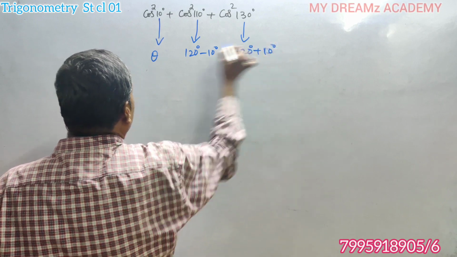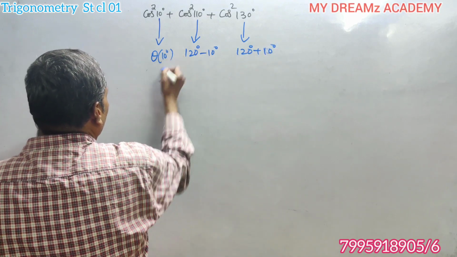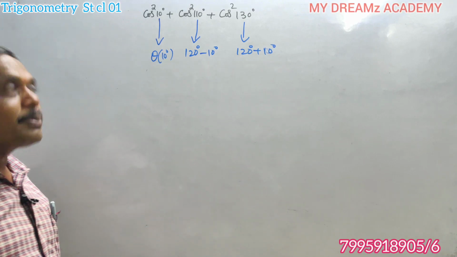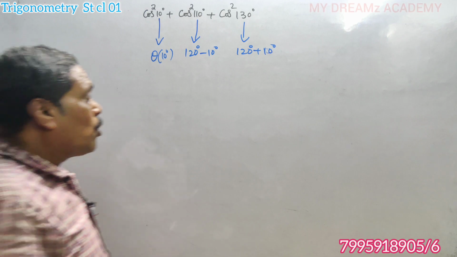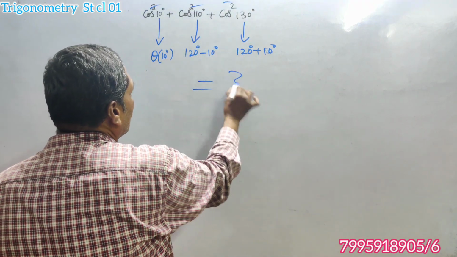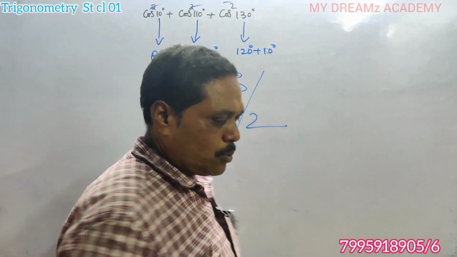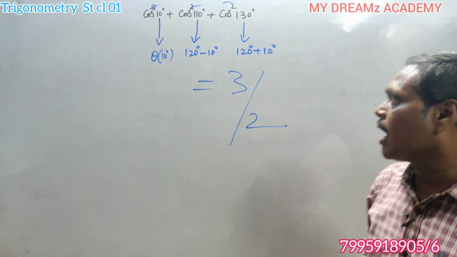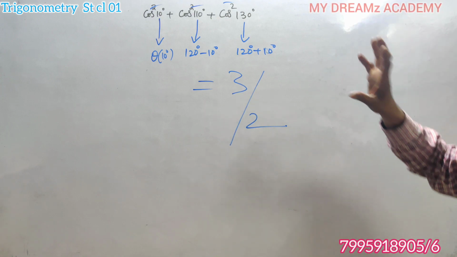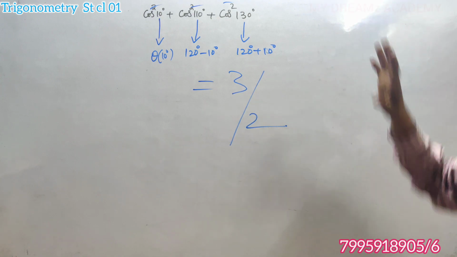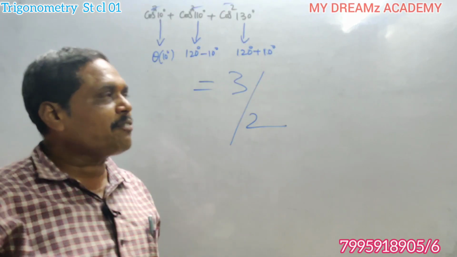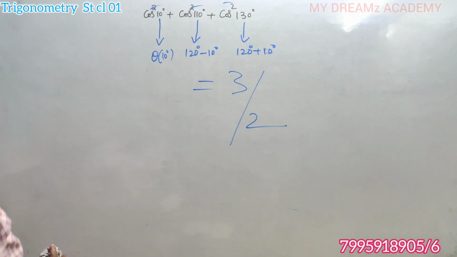Theta is 10 degrees. This is 10, 120 minus 10, 120 plus 10. But in the previous one, what I told, 0 is when square is not there. If square is there, for all those the value is 3 by 2. Just write the answer is 3 by 2. By seeing that only: without squares 0, with square the value is 3 by 2. Even for sine also.